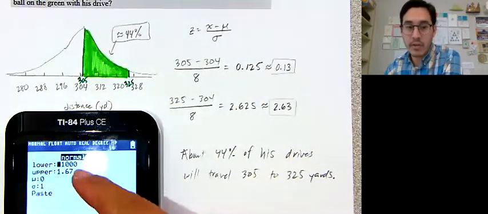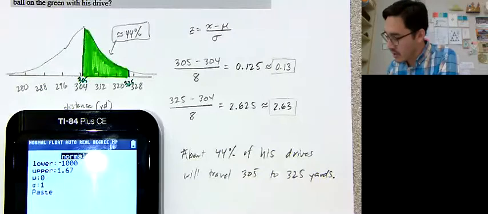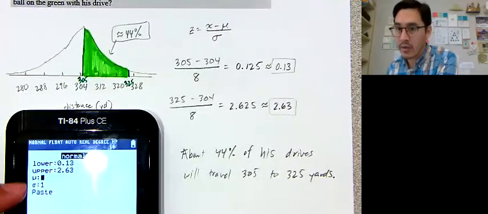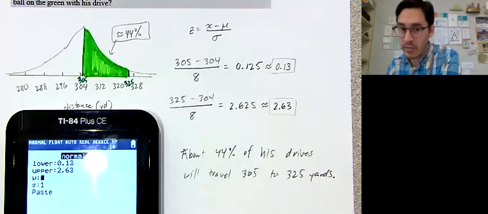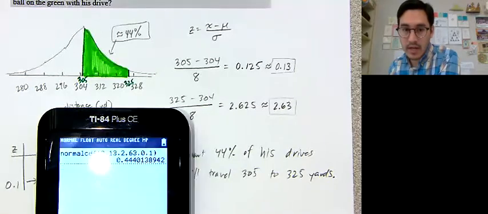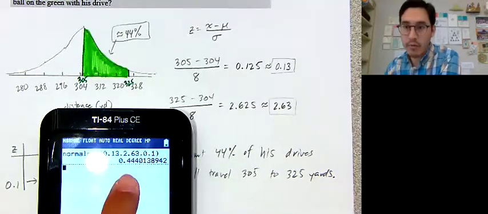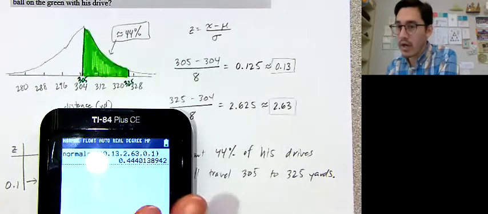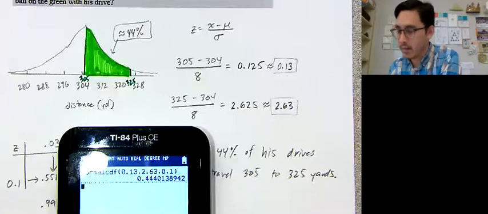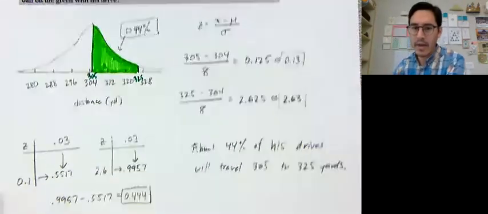If we put those z-scores in for the lower and upper bound, 0.13 and 2.63, and leave the mean and standard deviation as 0 and 1, because we're dealing with z-scores now, not in units of yards anymore, we should get an answer of 44%. It's a lot quicker and easier to do on the calculator, which makes sense, because technology should be quicker than looking things up in a table. So there's the final solution.